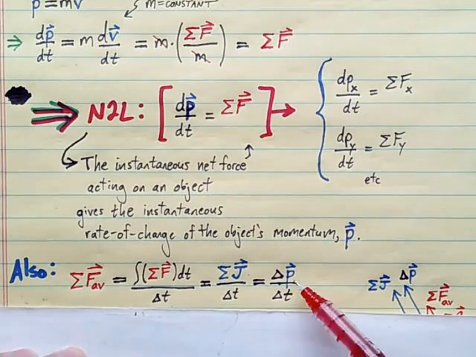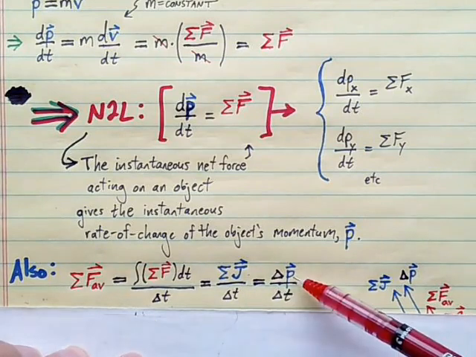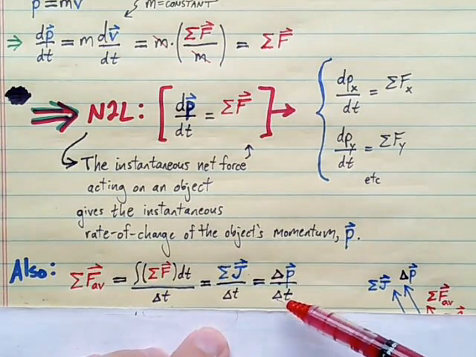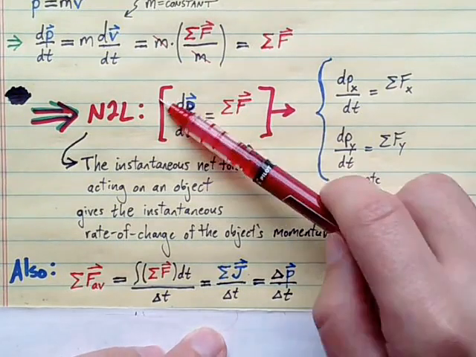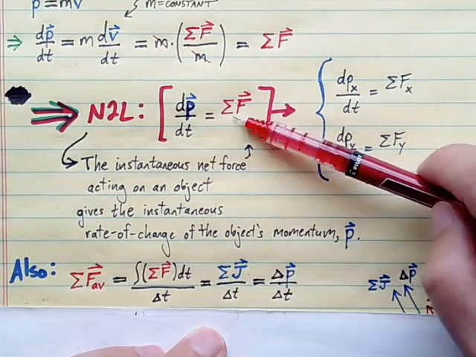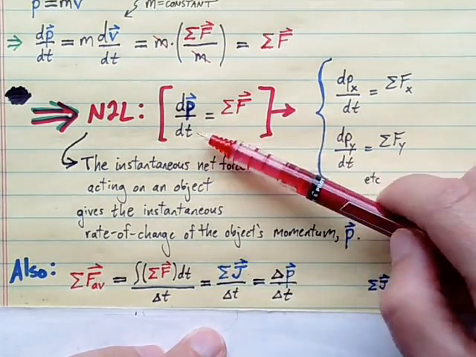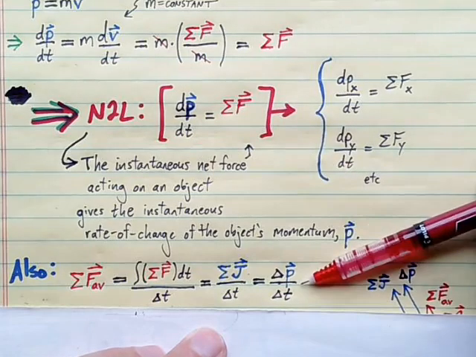What we're showing here is that the average net force on an object over some time interval equals the change in momentum over that time interval divided by the change in time. This is one more instance of how you can take a derivative relationship and replace it with an average value relationship by replacing the d's with deltas. So F average becomes delta p over delta t. That's what we've got right here.